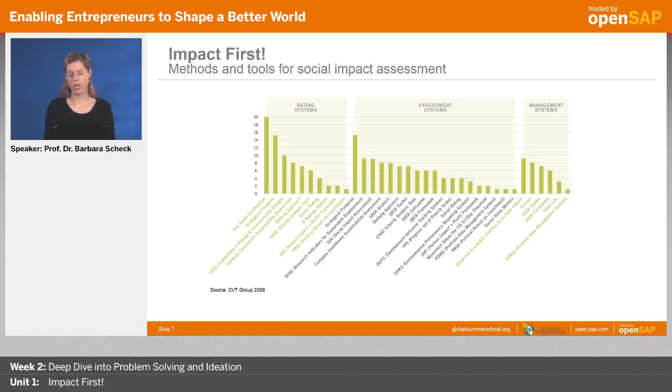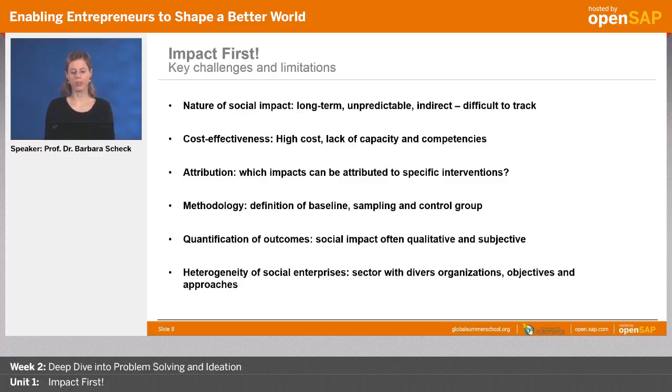However, there are certain challenges and limitations to impact assessment. First of all, it's true that you can't manage what you can't measure. However, at the same time, not everything that can be counted counts. So you should be very careful in selecting the parameters, the indicators, the impacts that you want to measure and that you want to count.